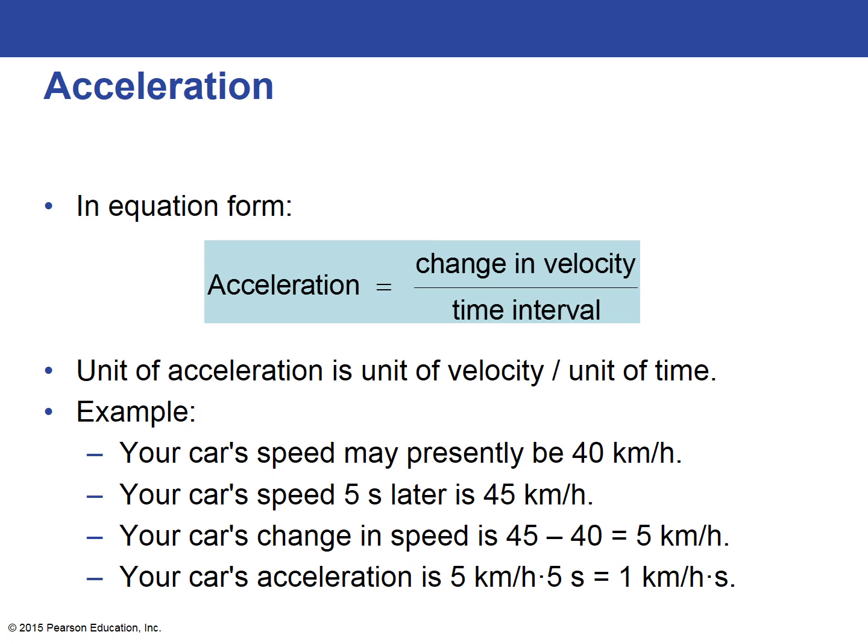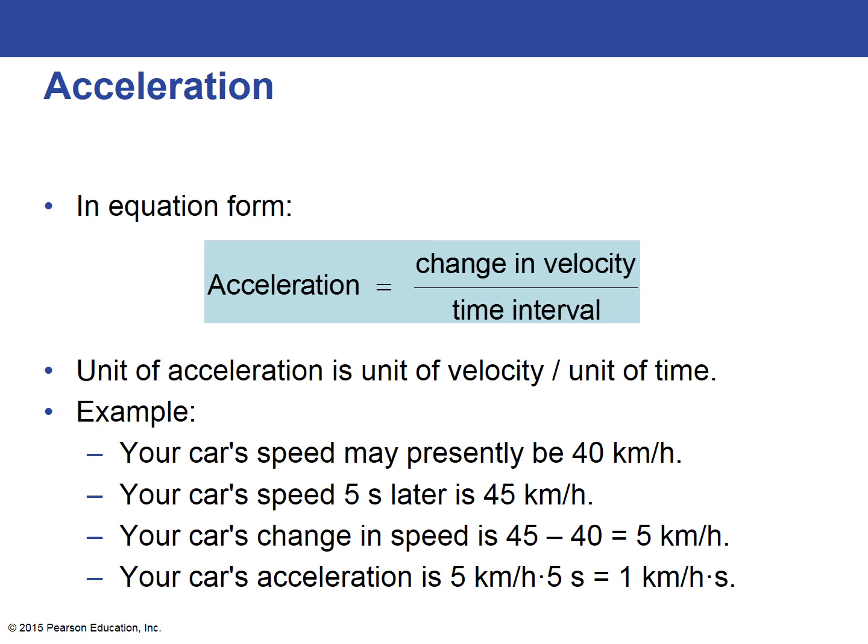This slide gives a concrete example of a calculation of acceleration. Suppose that at one moment in time, the car's speed is 40 kilometers per hour, and 5 seconds later, the car's speed is 45 kilometers per hour.